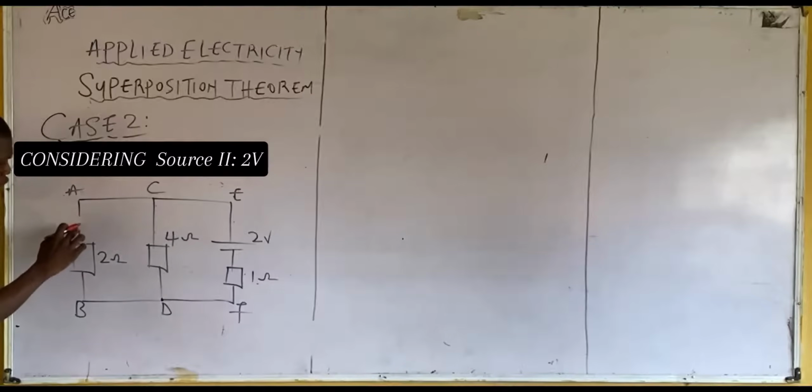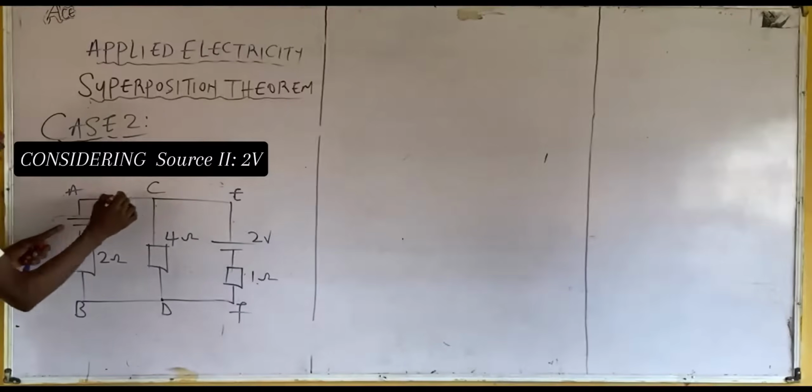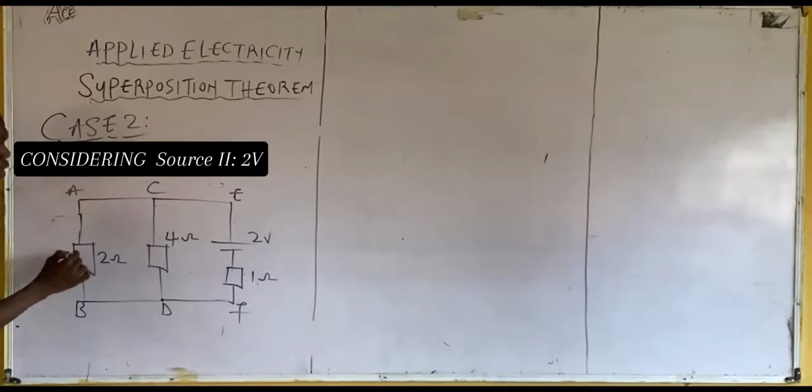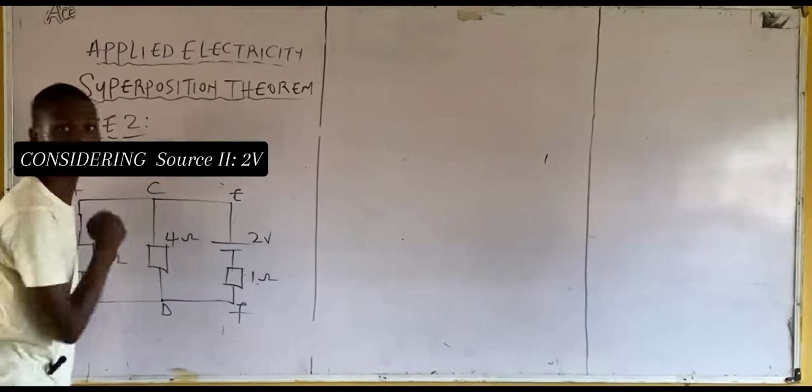What you need to take note of is that for the first case, the source current was coming from 4 volts. If you recall, this was the diagram for the first one. We have 4 volts here, meaning that I1 starts from here. Then on getting here, it splits. Same idea now: the source current will start from 2 volts here.